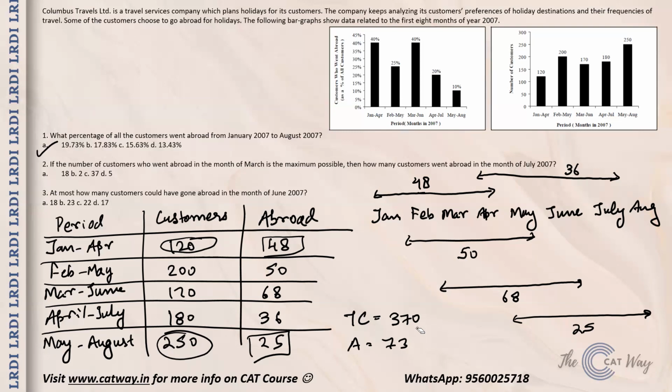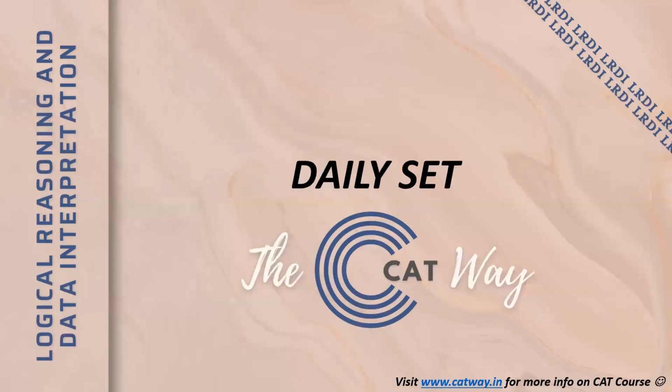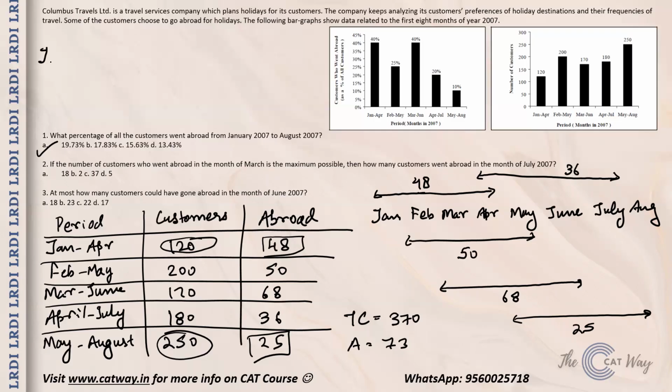That means if you talk about Jan plus Feb plus July plus August, what you get is that between March to June 68 went and total 73 went. So in these 4 months, January, February, July and August, there are only 5 people who went abroad. However, when you see April to July, you find that there are 36 people who went.